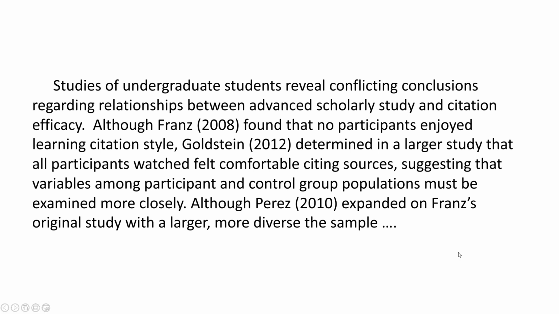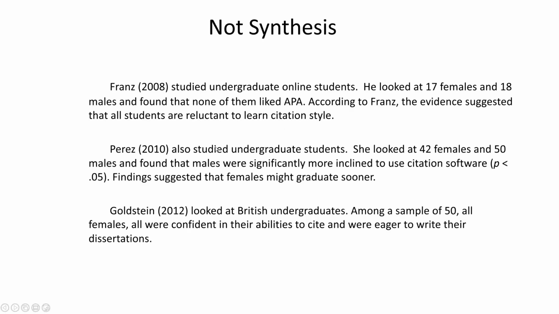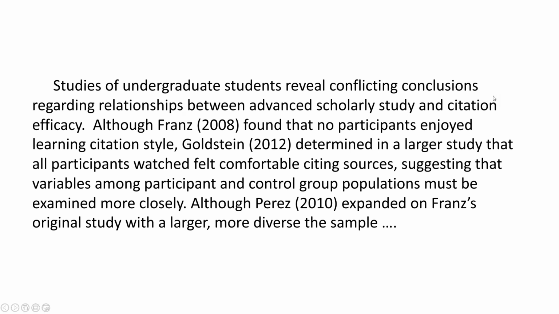What synthesis looks like is how we meld the information from all three of those sources into one idea. In this case, the topic is that studies of undergraduate students have revealed conflicting conclusions. If we go back, I know I didn't read these, but each of these is saying something very different about undergraduate students. So the theme we're drawing on, the main idea, is this: I have three different articles, and they all say something different about undergraduate students.